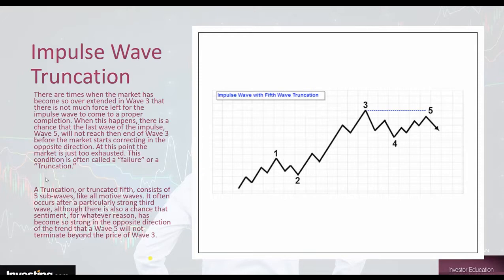There are times when the market has become so overextended in wave 3 that there is not much force left for the impulse wave to come to a proper completion. When this happens, there is a chance that the last wave of the impulse, wave 5, will not reach the end of wave 3.